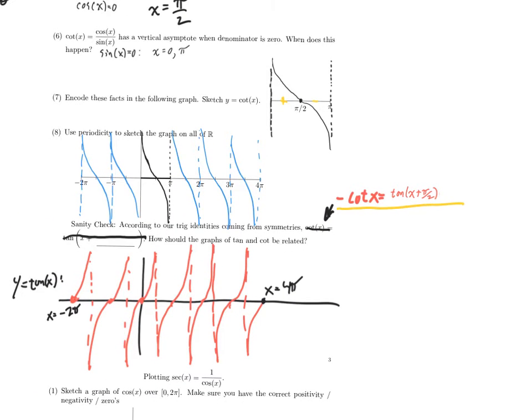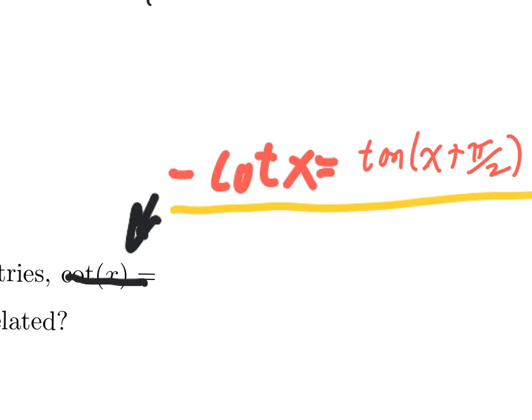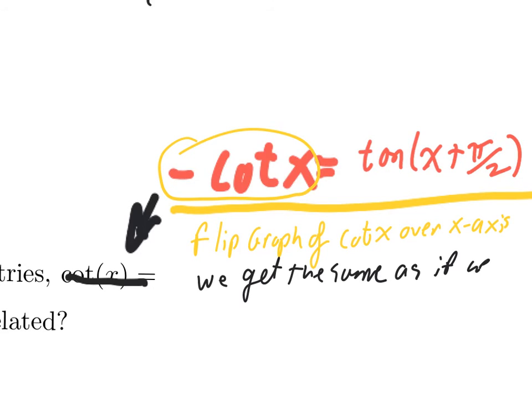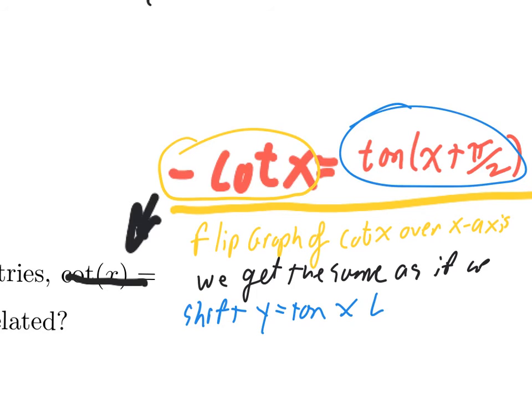This means, in terms of graphs, that if we flip the graph of cotangent x over the x-axis, we get the same as if we shift the graph of tangent left by pi over 2.